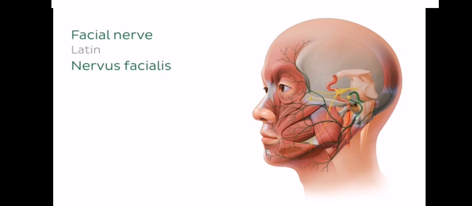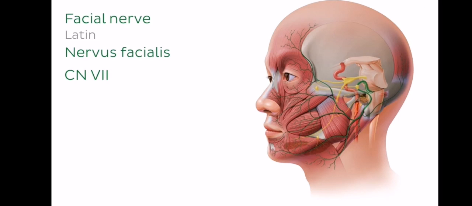The facial nerve is basically a cranial nerve, and a cranial nerve is one which is derived from the brain. It is actually the seventh cranial nerve.